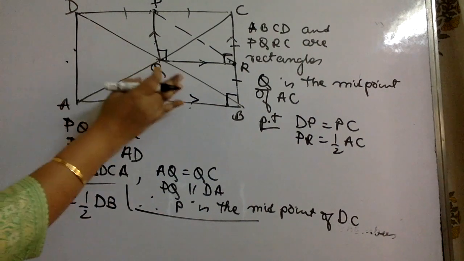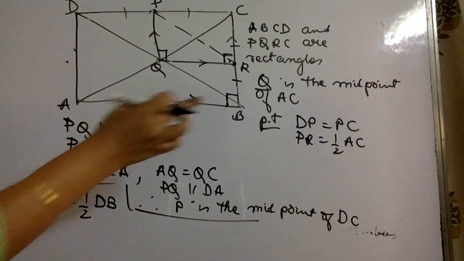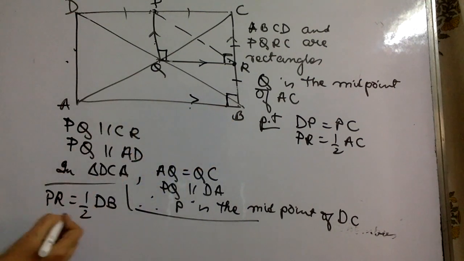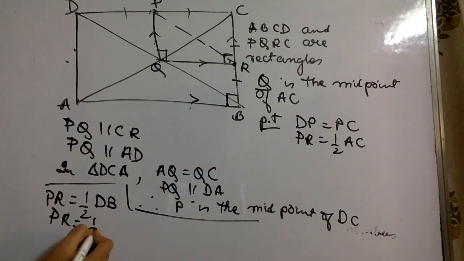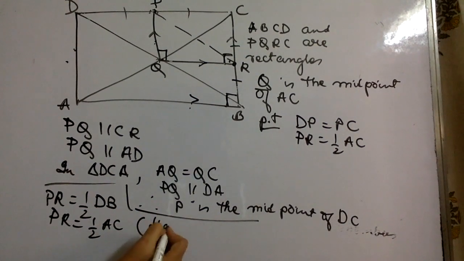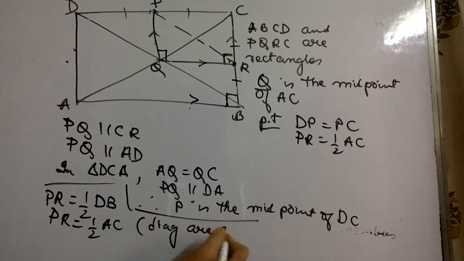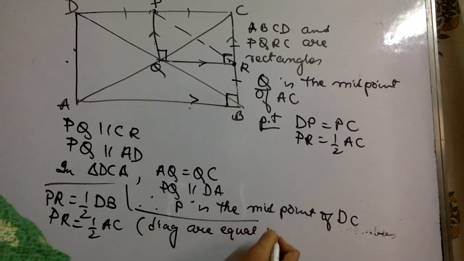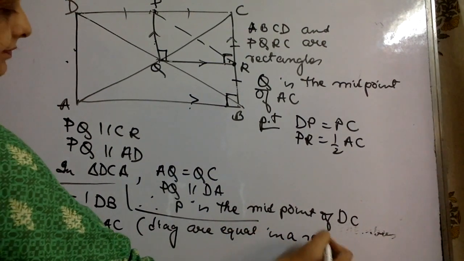Now PR has become half of DB, not half of AC as they have wanted, but then we can write in the next step PR is equal to half of AC. Why can we write it? Because diagonals are equal in a rectangle.